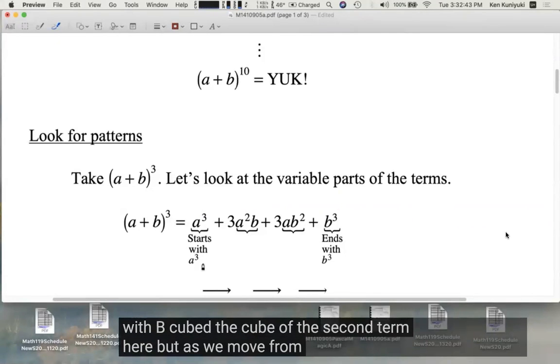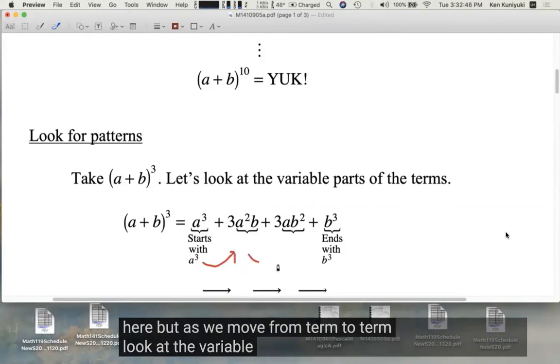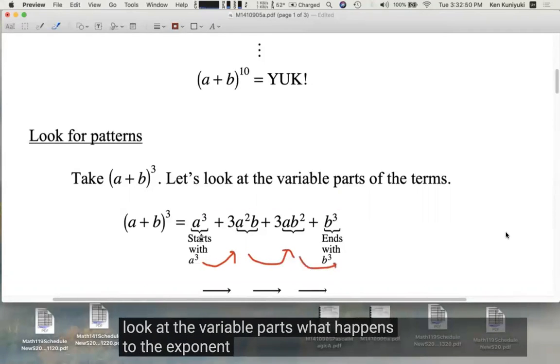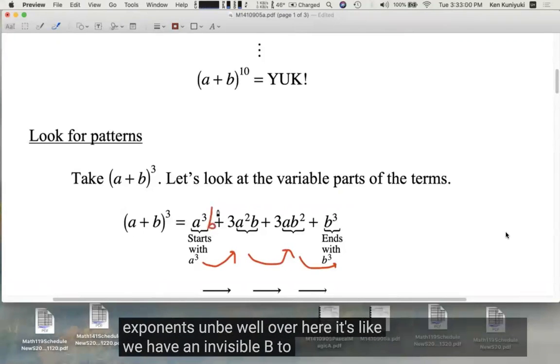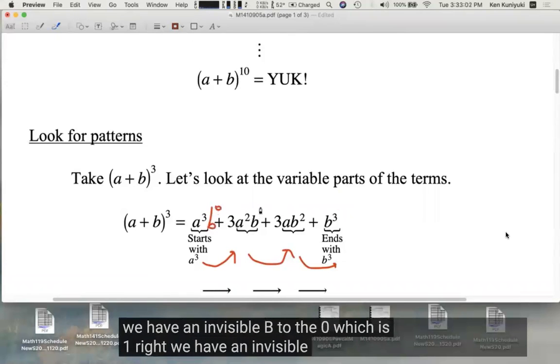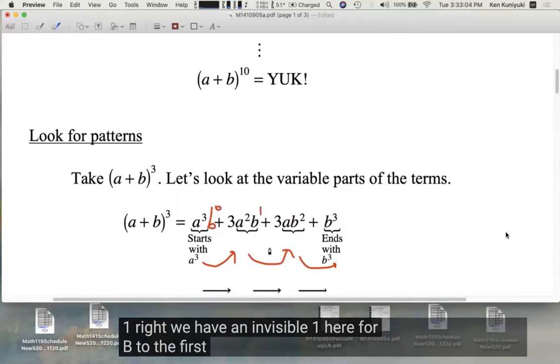But as we move from term to term, look at the variable parts. What happens to the exponents on a? What happens to the exponents on b? Well, over here, it's like we have an invisible b to the 0, which is 1, right? We have an invisible 1 here for b to the first.